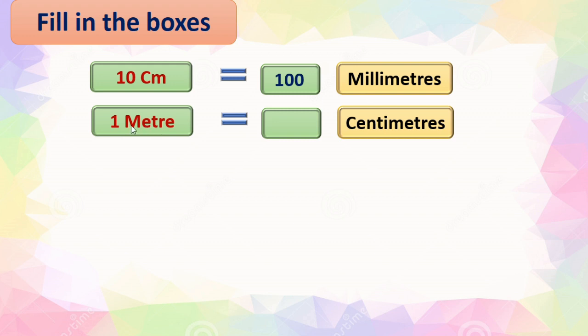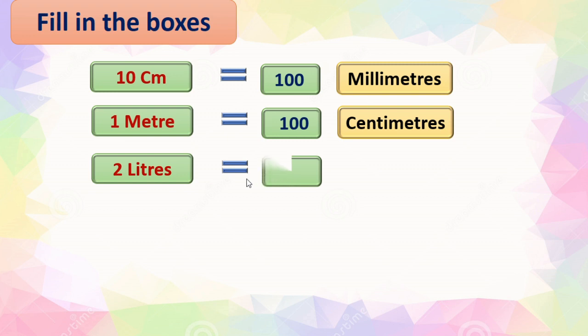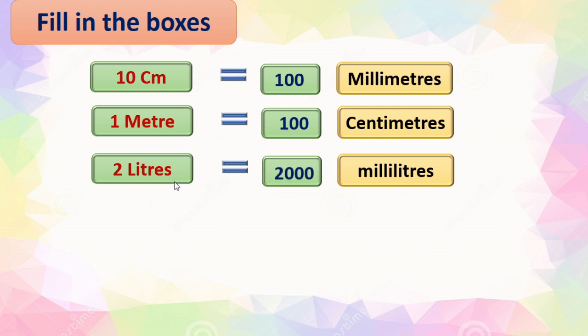Please see this. Here meter, here centimeter. Yes, very good. 100 centimeters. While doing the conversion, you have to observe the units properly. Okay. Here 2 liters is equal to dash milliliters. 2 into 1000, that is 2000 milliliters.